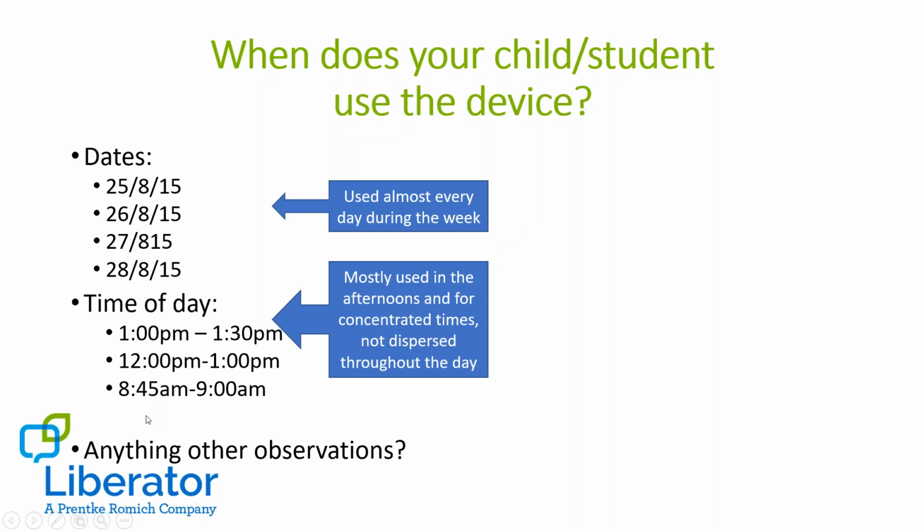And again, we can look at what's not in the data to help us to start asking questions. So why is it used in that time period but not in the morning? Why is it not used in the afternoon? The use of the device seems to be concentrated around that middle of the day type period. And it's more concentrated then and not throughout the rest of the day. So what happens in that time period to make that happen?